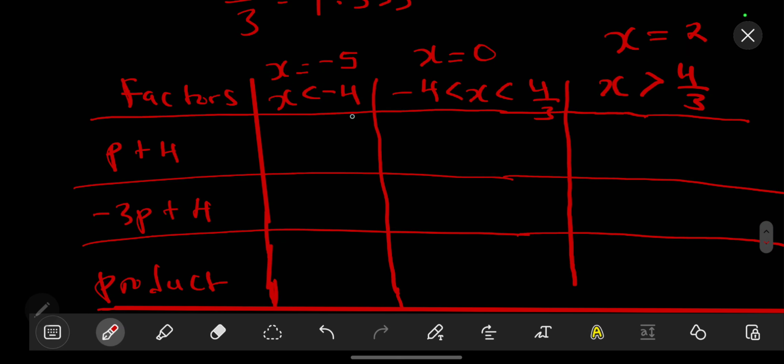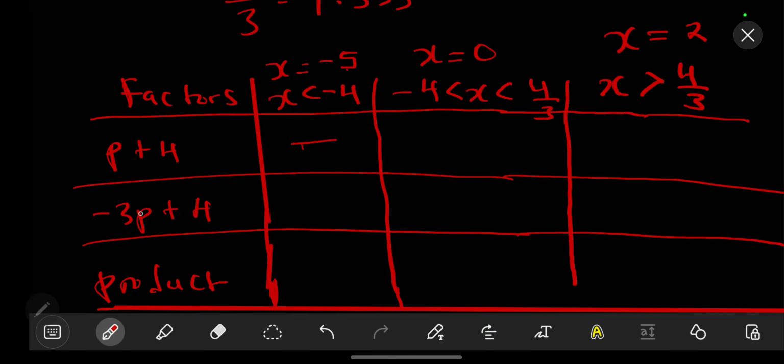Then just replace. If I put negative 5 here, negative 5 plus 4 is equal to negative 1. So I'm just going to write a negative sign.